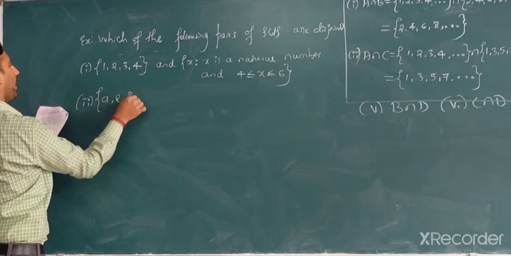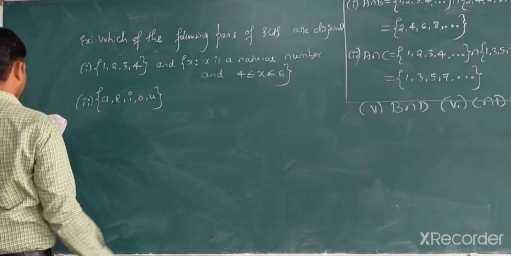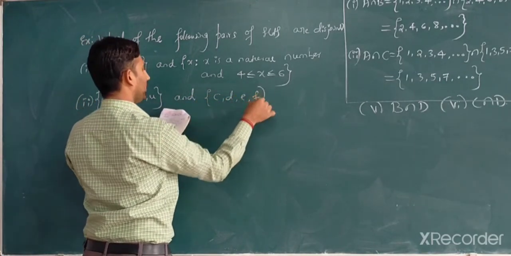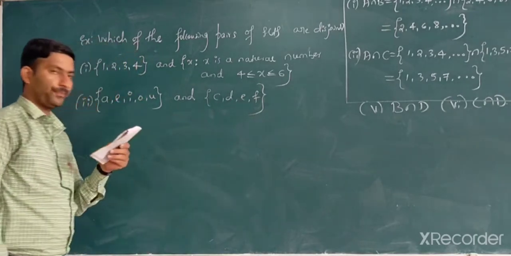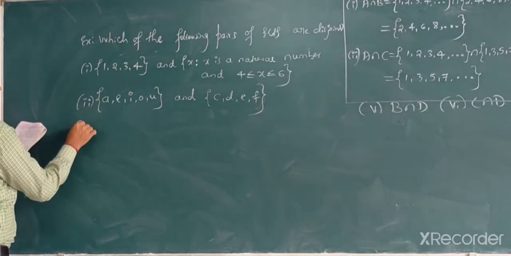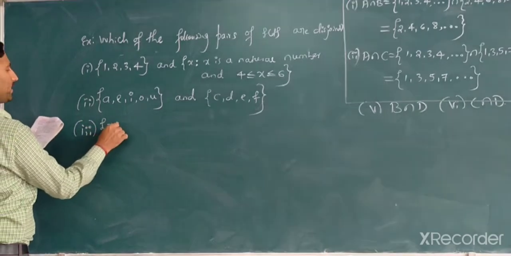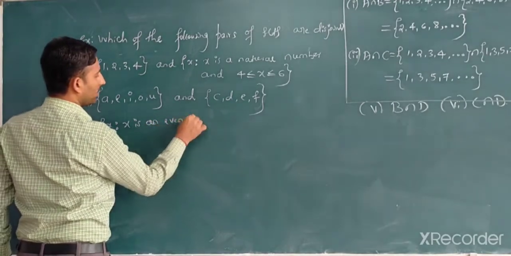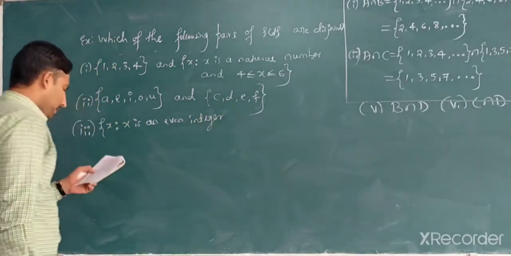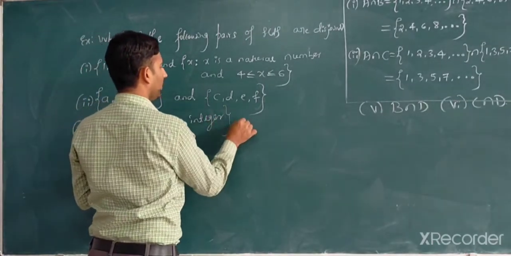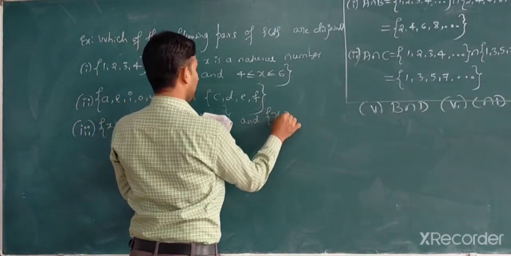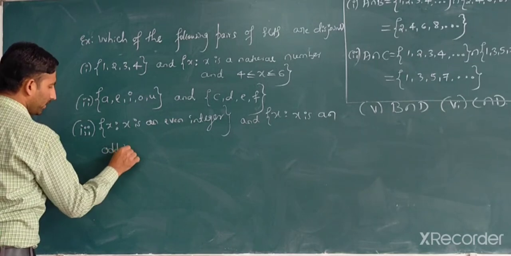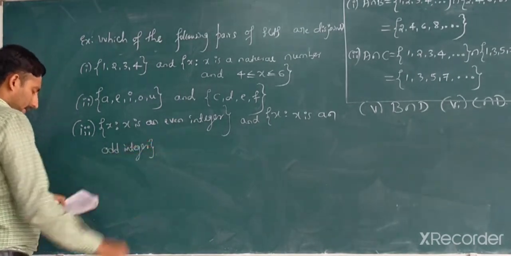Second: A, E, I, O, U and C, D, E, F. For the third one, x such that x is an even integer and x such that x is an odd integer.